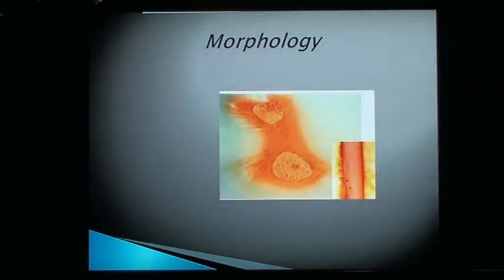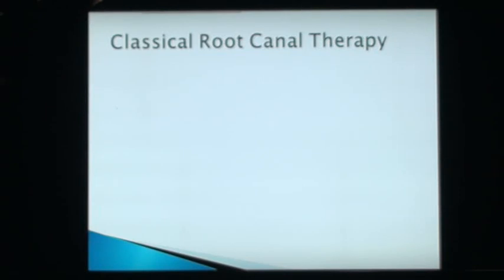Also we have the isthmus, this area between canals in molars and first premolars in the upper jaw, full of bacteria here. Most of the time, we cannot kill all bacteria in this area, so we need something else to reach these bacteria and achieve bacterial reduction in a good way to achieve our target.